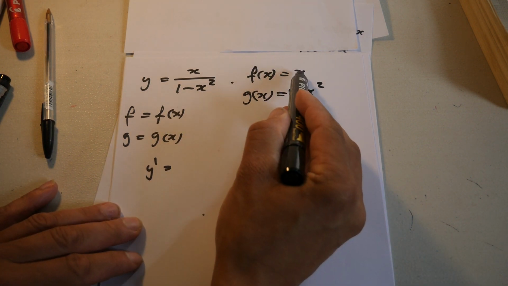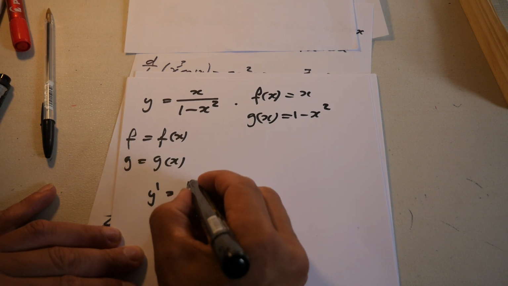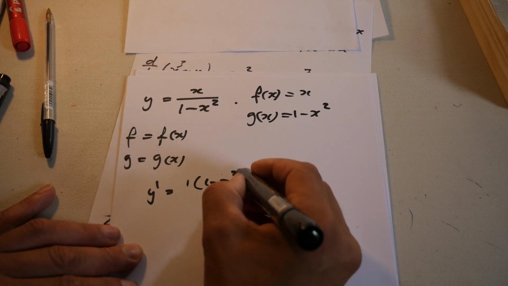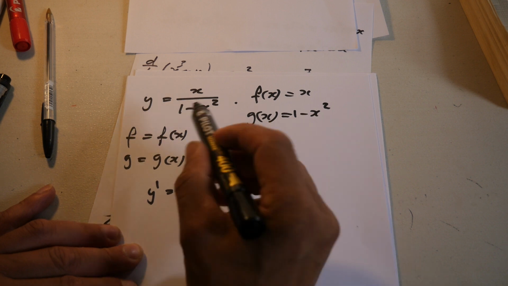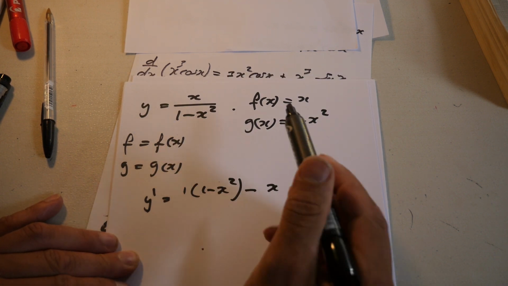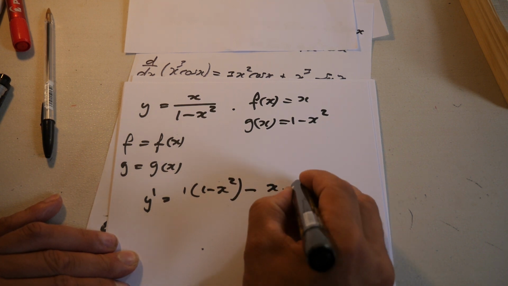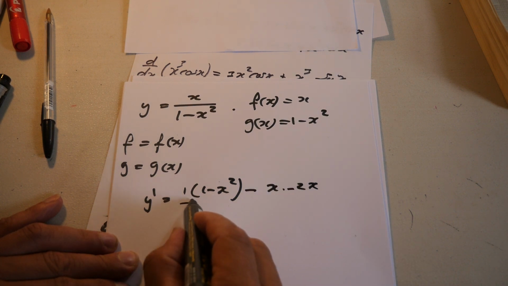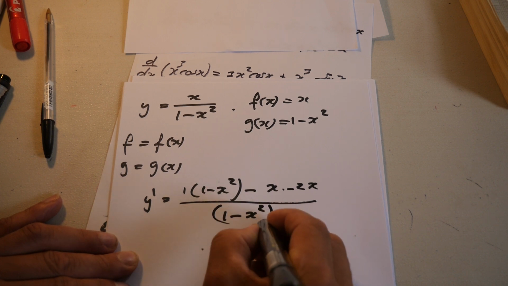So the derivative of x is 1 times 1 minus x squared, okay? Minus x times the derivative of this, well, that's 0 minus 2x, okay? So times minus 2x, okay? Divided by 1 minus x squared, squared, okay?